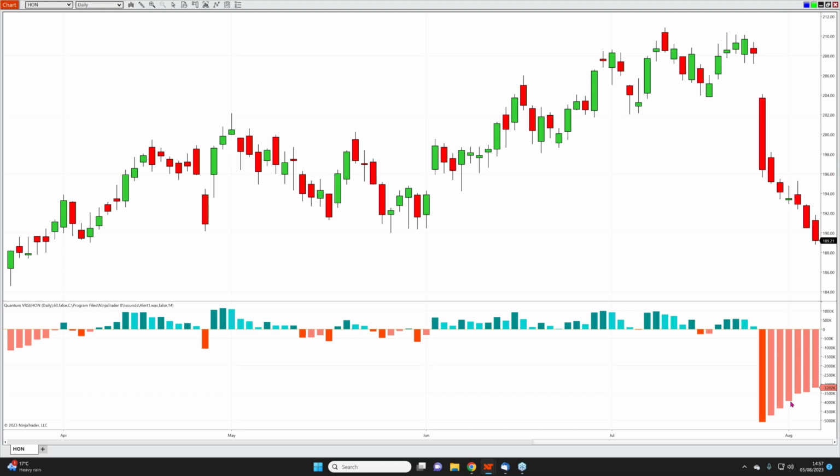And what's interesting about it, and again, it reinforces this point, the height of these bars, whilst they're diminishing a little bit, they have not gone back to zero. They're not declining sharply. They are maintaining the sentiment that is heavily bearish for this stock right now.